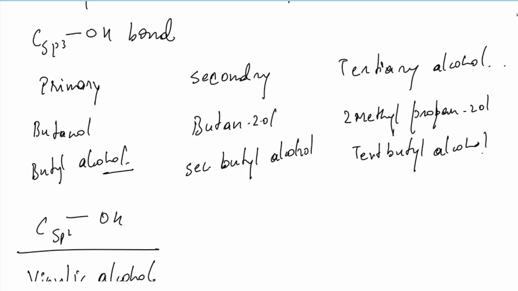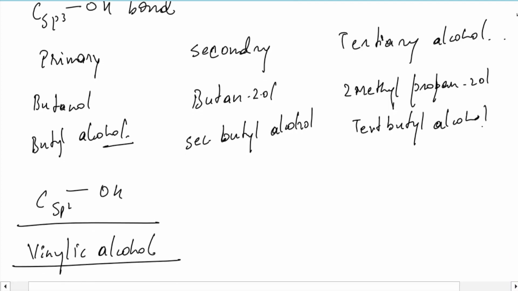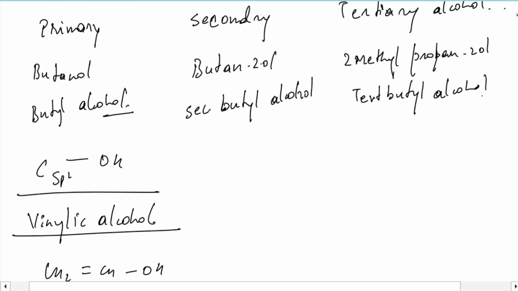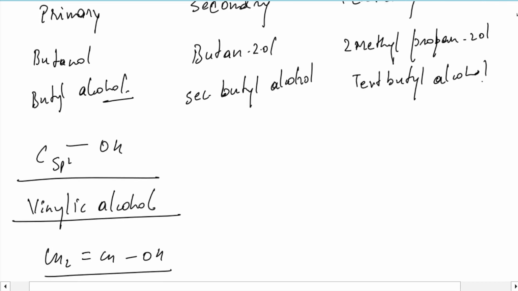Next to this is 2-methylpropan-2-ol and its common name is tert-butyl alcohol. Next to this is vinylic alcohol. If the carbon is sp2 hybridized and the OH group is attached to it, that's CH2 double bond CHOH, that's vinylic alcohol. Phenol is also something we can mention here. So that's all about it.